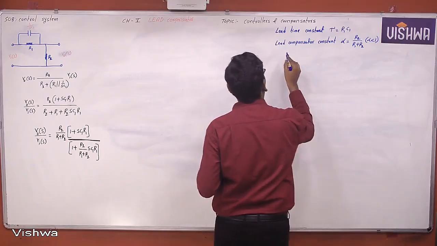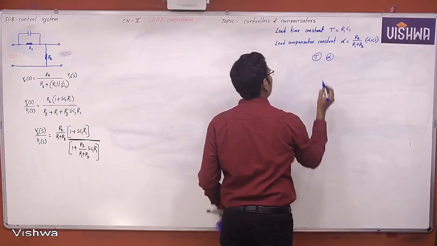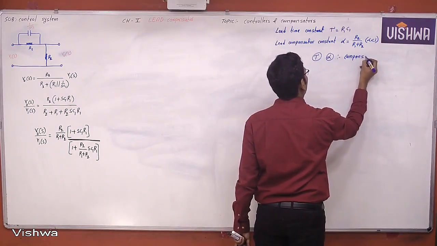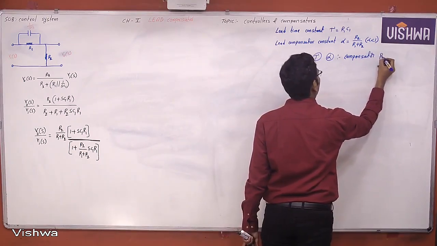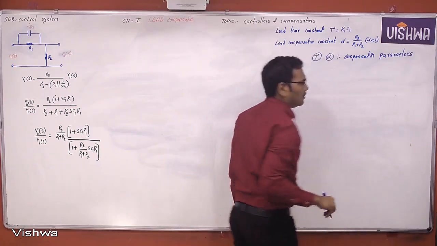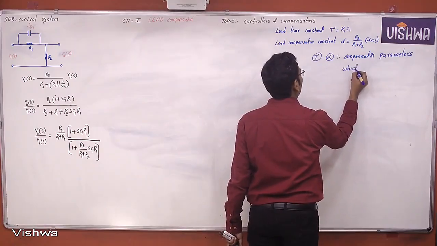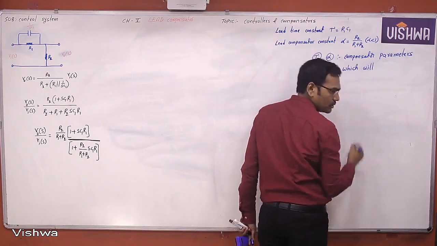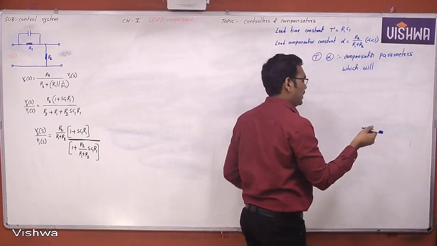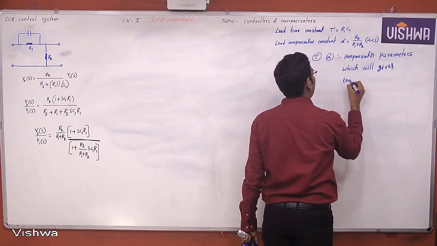So the time constant and the compensator constant are the compensator parameters, which will give the compensator characteristics.